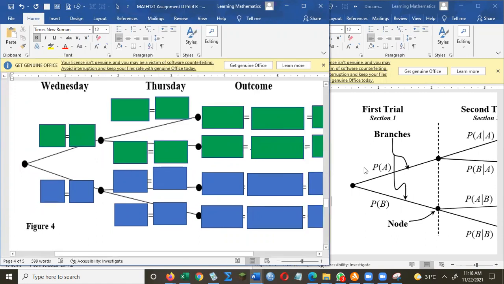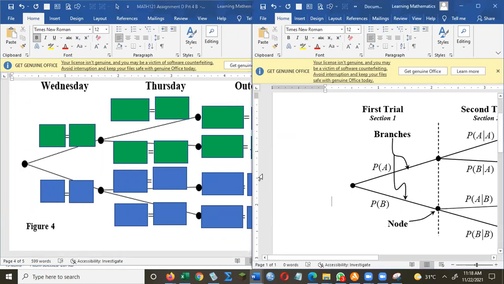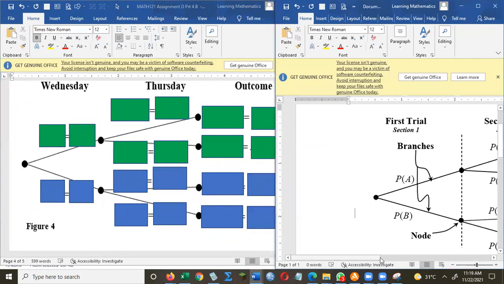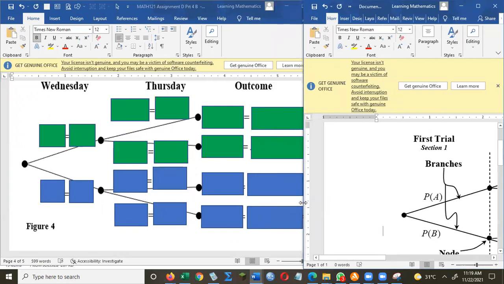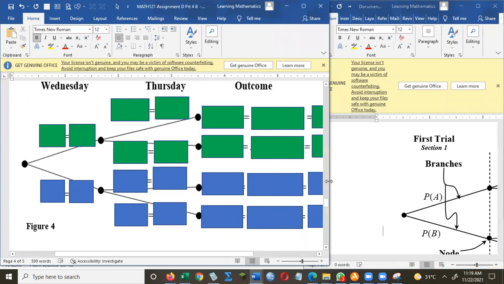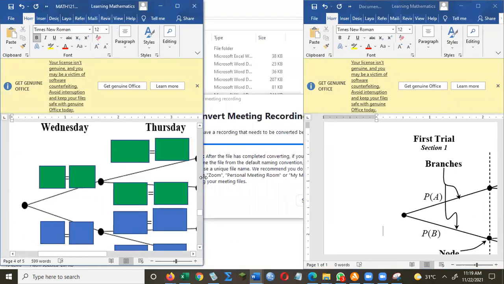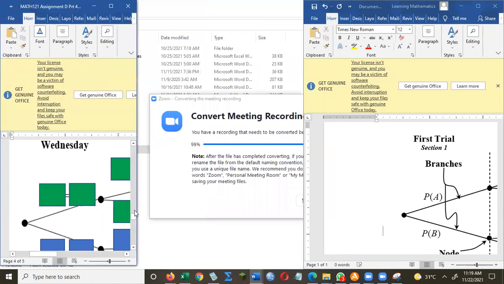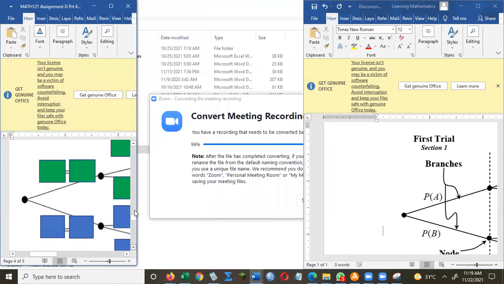Okay, and here's the template. Let's analyze the first section. The first section normally will be coming in the first sentence, if you want to put it that way.